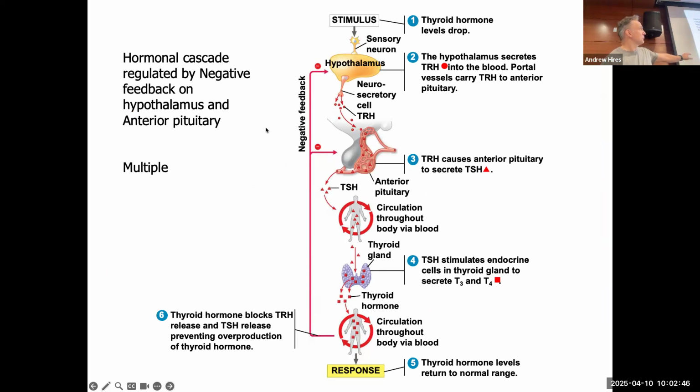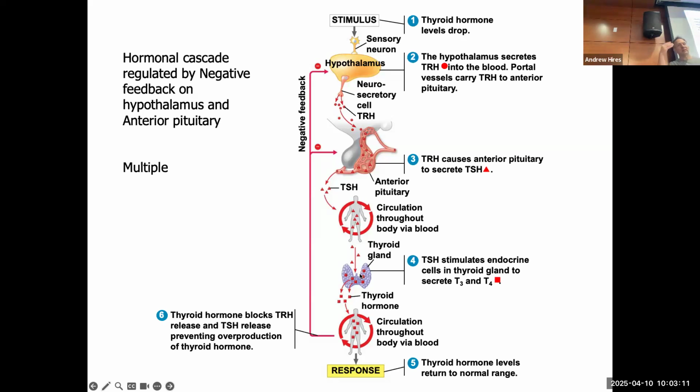Okay, this is going to increase our T3, T4 levels. What will happen? It's going to provide negative feedback to the hypothalamus and to the anterior pituitary. It's going to say, turn off production of TRH, turn off production of TSH, because we've got too much thyroid hormone circulating. But it's still not going to stop the actual production of the thyroid hormone because this immunoglobulin is binding to the receptor.